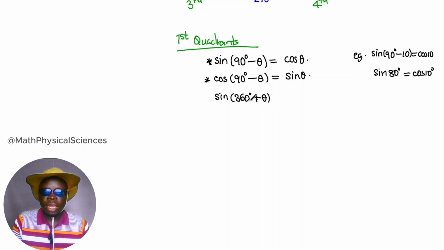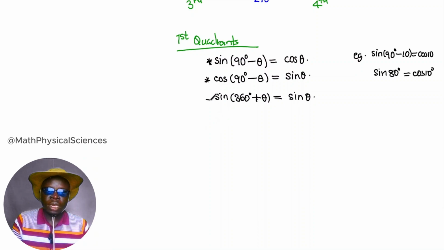When you look at 180 and 360, then we'll maintain our sine here, not like for the 90, which is a special angle. So for that case, we'll have this as sine of our angle theta. And since this one is still in the first quadrant, the result will be positive also.